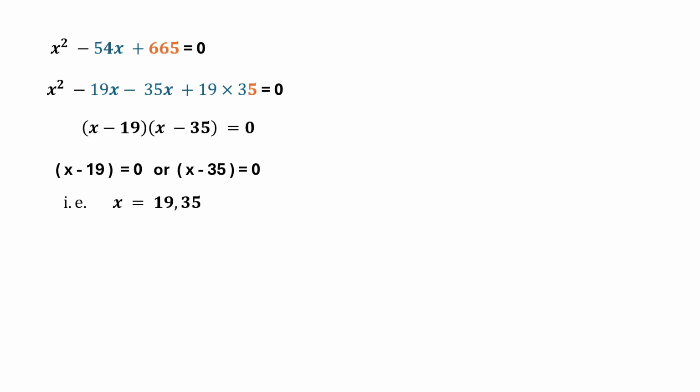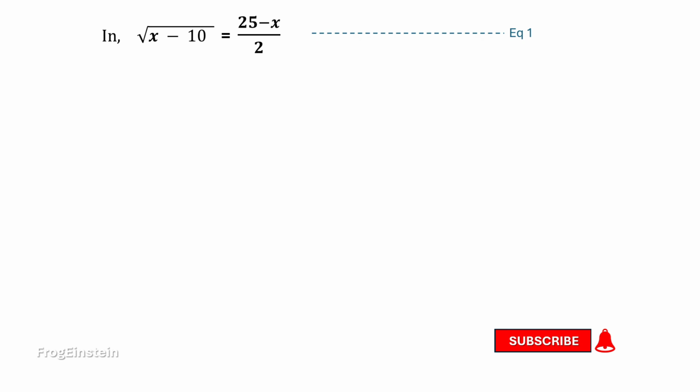Let's plug them back into equation 1, which was the square root of x minus 10 equals 25 minus x over 2. If we test x equals 35, the right side becomes 25 minus 35 over 2, which is minus 5. But a principal square root can never give a negative output, so x equals 35 is a fake solution.